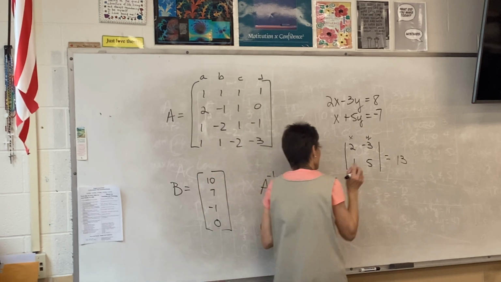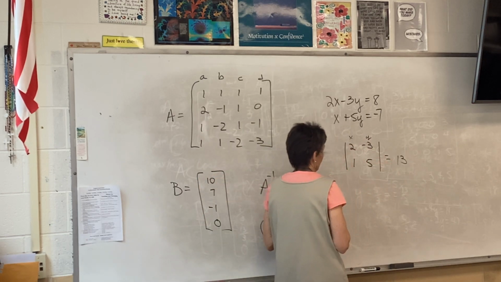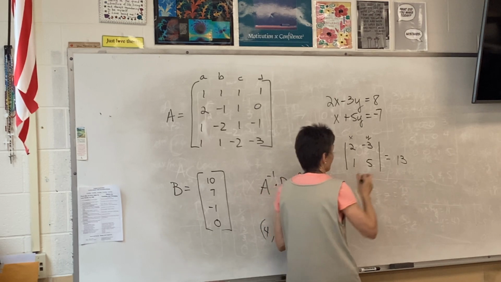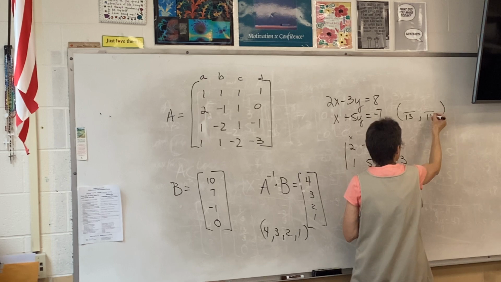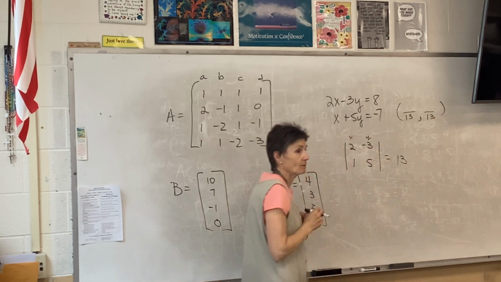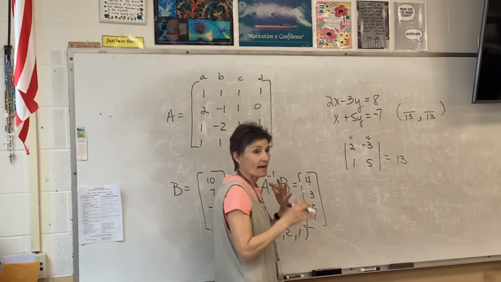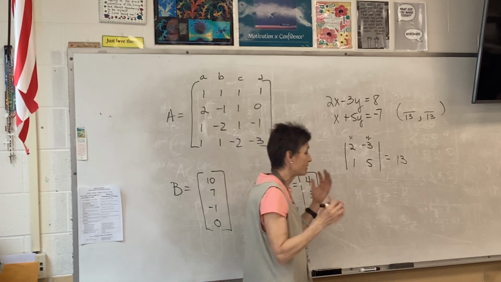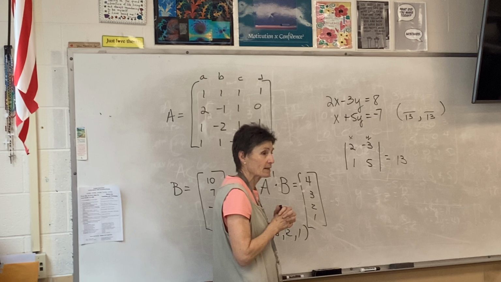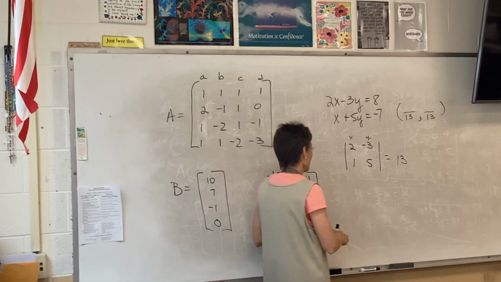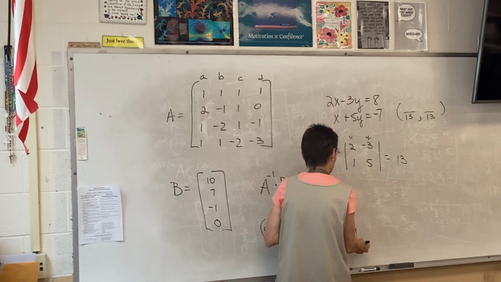Now, what do I do with that 13? That 13 is the denominator of x and y. So x is going to be 4/13, and y is going to be 7/13, something like that. They're fractions. How do I find the numerators?